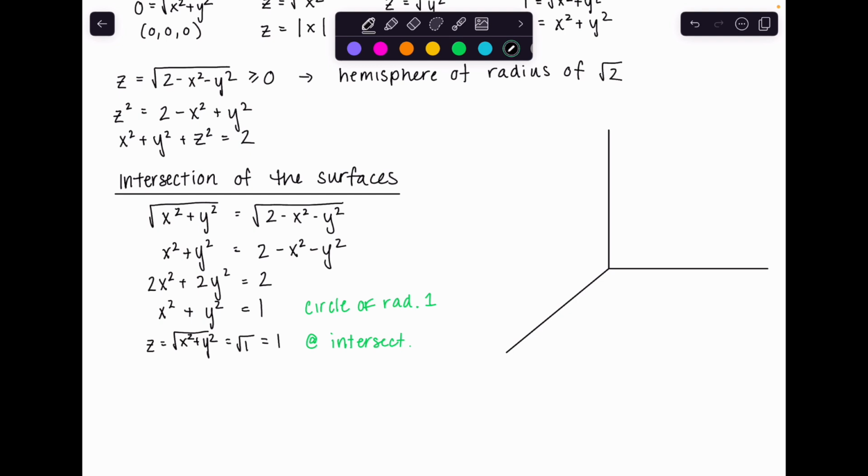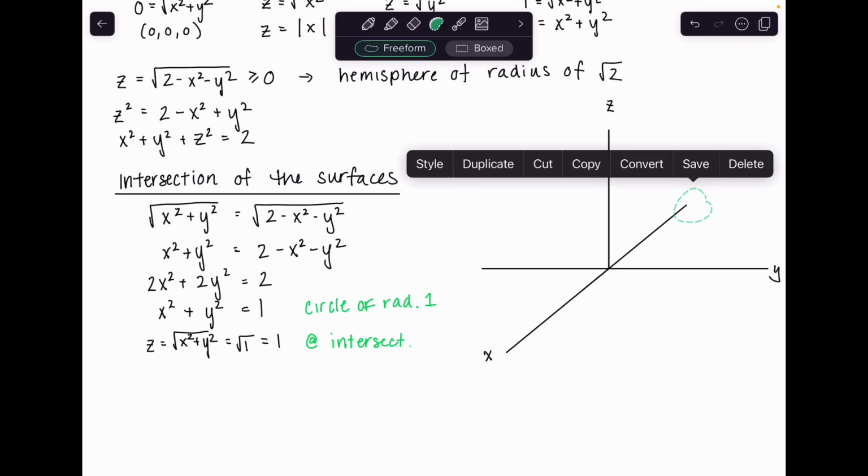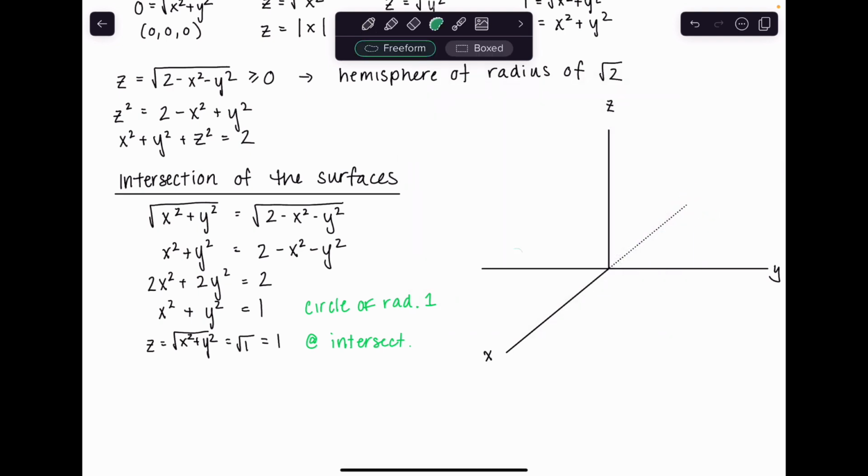I'll try to draw this a little bit bigger. So we've got our first cone, and I should probably draw the back half of these to make it a little bit easier. Make these dotted.